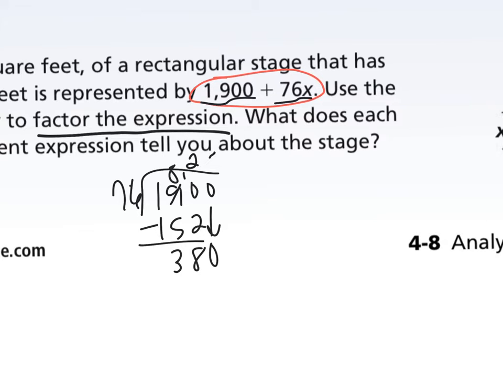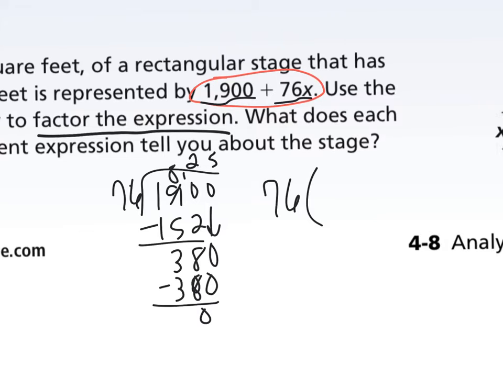And what actually ends up happening is it goes in 25 times evenly. So 25 times evenly, what that means is that we could factor out a 76. And then like we did in the lesson we talked about factoring, we can think about now 76 times what to get 1,900?